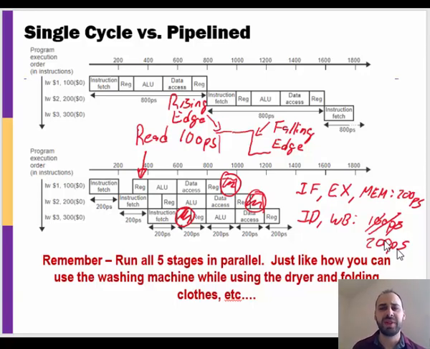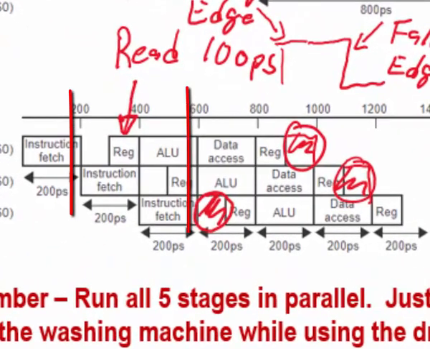Think about doing laundry: if you decided for one load that you didn't want to fold the clothes, you don't necessarily get a speedup of the system if your washer and dryer are already fully occupied, because the hardware resources are already being used to their maximum capacity. Even if you decide not to fold, it's basically having to sit idle during that extra time. It's the same idea with the pipeline.